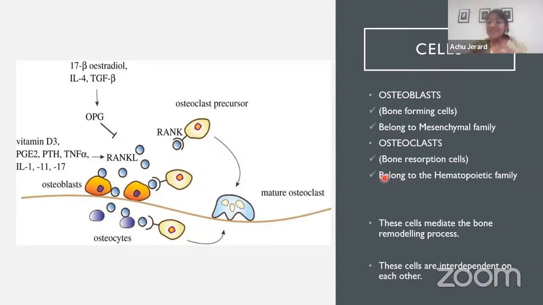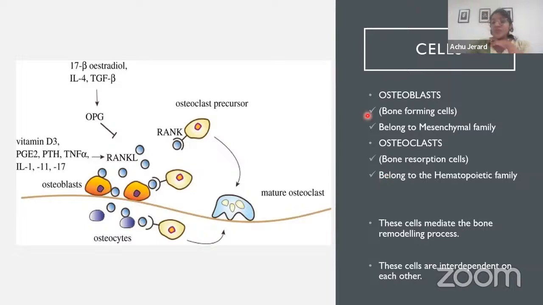They are interdependent in bone formation as well as bone resorption. So when there is an inflammatory component, a bacterial attack, the host starts responding with its defense cells, and a lot of inflammatory mediators will be produced in the process.